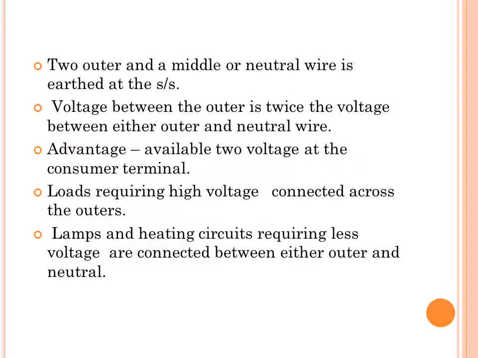Voltage between the outers is twice the voltage between either outer and neutral wire. Advantage of the 3 wire system is that 2 voltages are available at the consumer terminals: loads requiring high voltage are connected across the outer wires, and lamps and heating circuits requiring less voltage are connected between either outer and neutral.